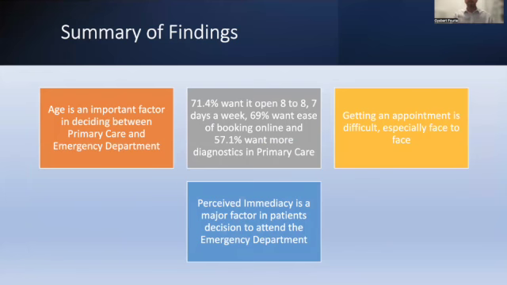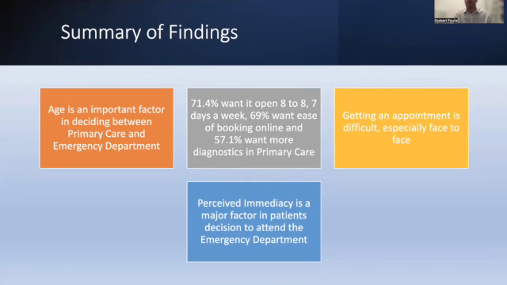So just a quick summary of the findings. Age still plays an important factor in patients deciding between primary care and emergency department care for minor medical conditions. 71.4% want primary care to be open 8 to 8, 7 days a week, 69% want improved ease of booking online appointments, and 57.1% want more diagnostics in primary care to make primary care their preferred choice of care for minor medical conditions.